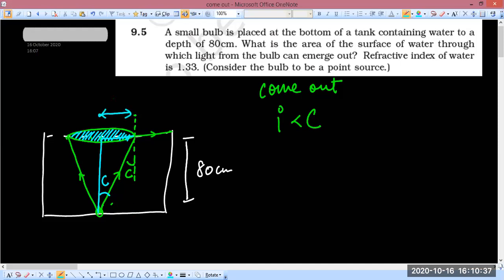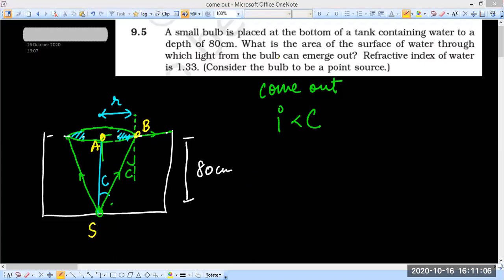If we find the radius, then everyone knows how to do pi r square, right? Further, you could put some points here, A B C D, to make it easier. Let's say this point is S. Suppose this point is A and this point is B.